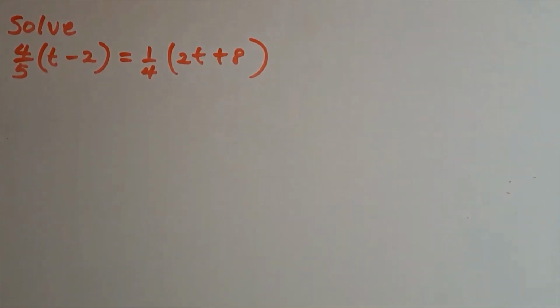Hello. How do we solve this simple equation in t? When we have fractions, our aim should be to get rid of them, turn them into whole numbers. Another way of looking at this is that we're going to cross multiply here.